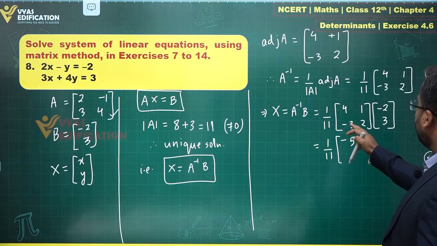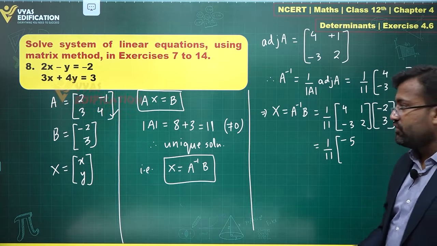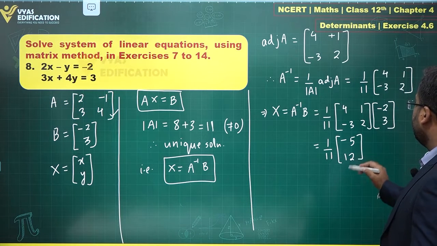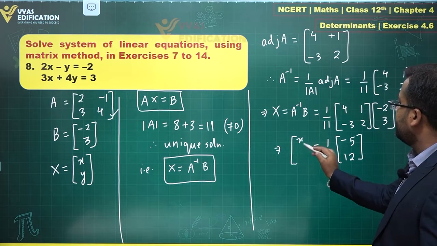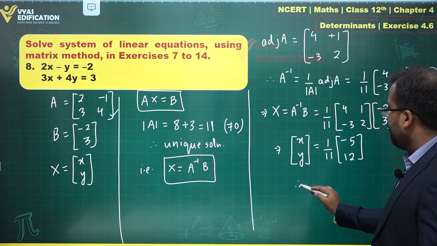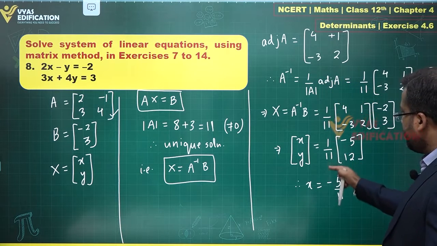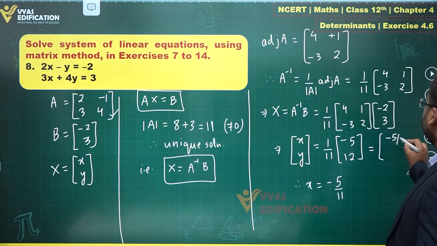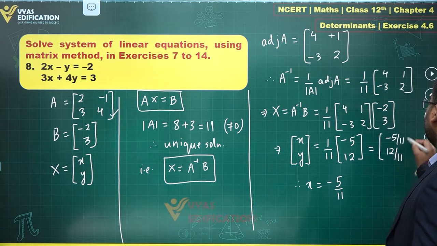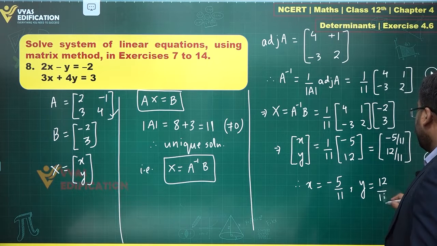And you have minus 3 times minus 2 is 6 and 2 times 3 is also 6, 6 plus 6 is 12. And this here is equal to the matrix X, which is x, y. Can you observe, therefore, small x will be nothing but minus 5 upon 11, and y is 12 by 11. So x equals minus 5 by 11 and y is equal to 12 by 11.